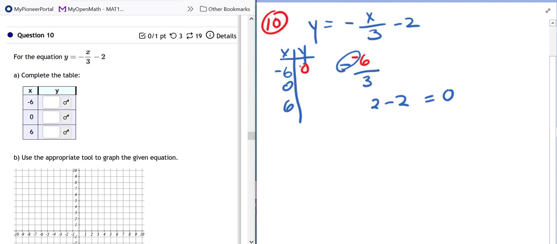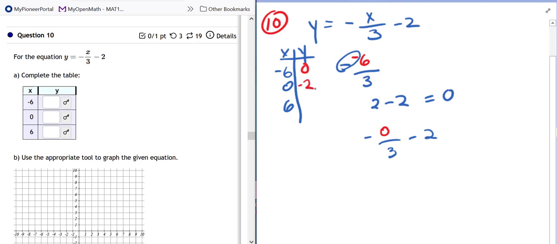So 0 for this. Plugging in a 0 into x will wipe out. So it's not going to matter whether there's a negative or not out there. It's going to wipe the whole piece out. 0 over anything is 0. So we're going to get a -2.